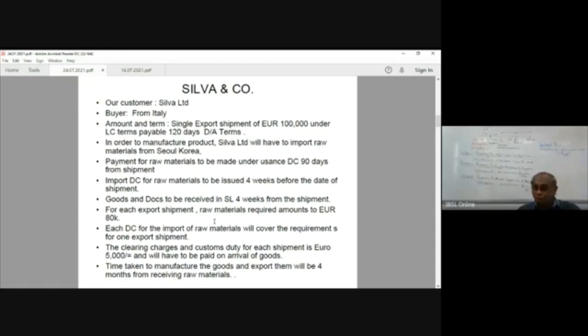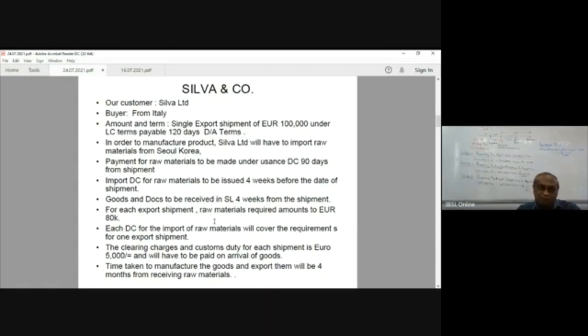For each export shipment, raw materials required amount to euro 80,000. Each LC for the import of raw materials will cover the requirements for one export shipment.